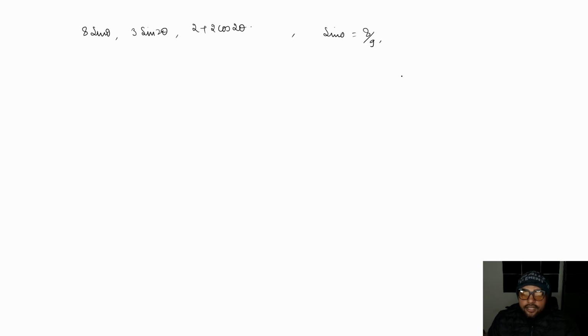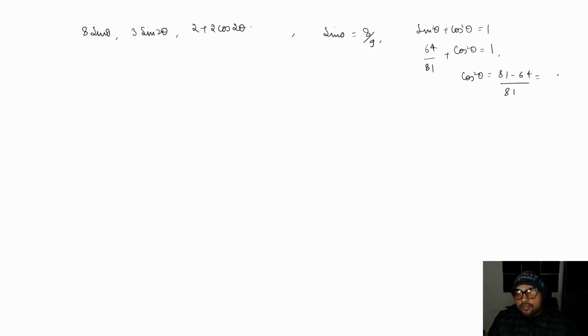If we apply the identity here, students, what will we get? sin²θ plus cos²θ is equal to 1. So from here 64 by 81 plus cos²θ will be equal to 1. From here what we'll get is cos²θ equals (81 minus 64) by 81.